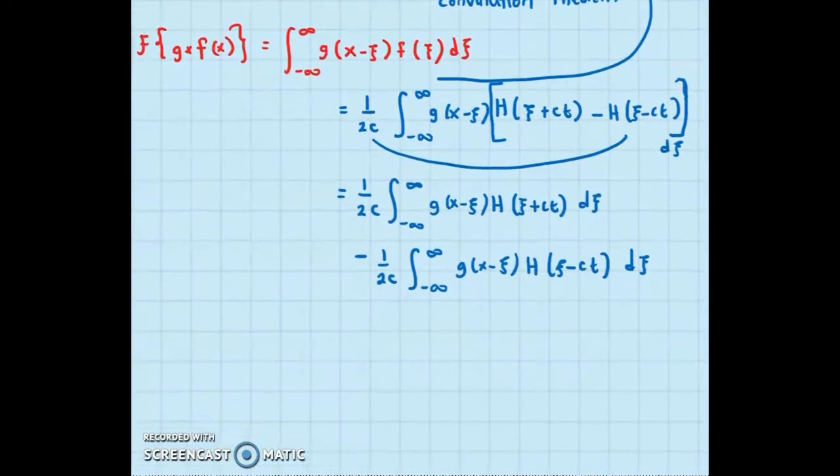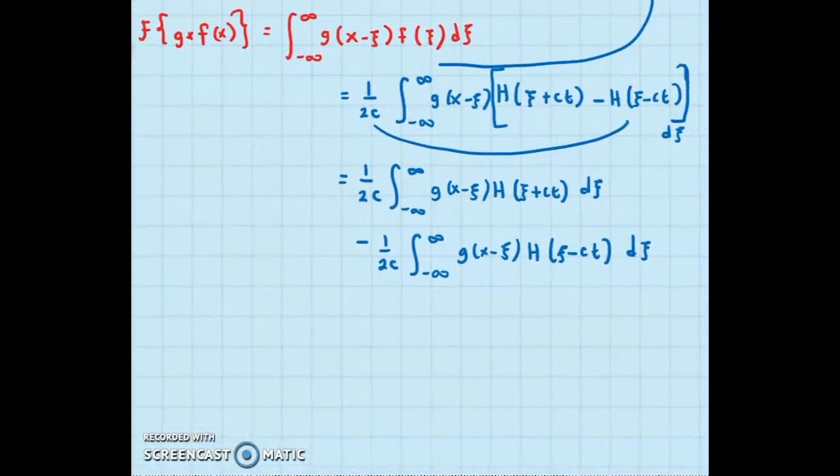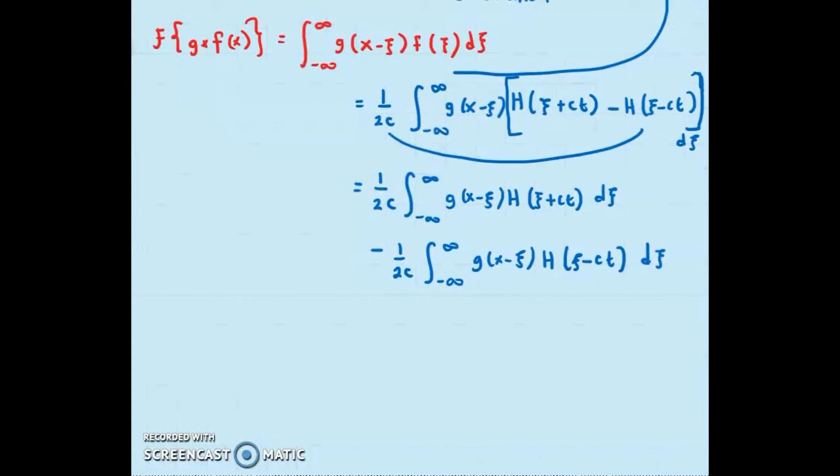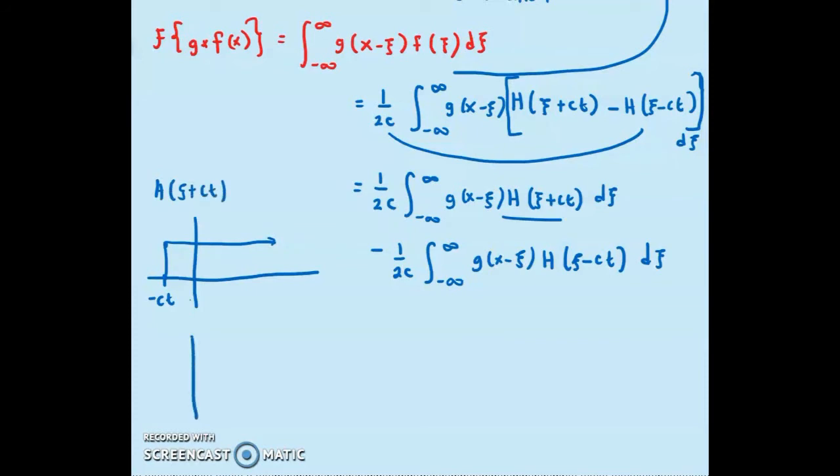Now the other thing we want to look at is this graph here. If I'm about to sketch this graph, I look at negative ct, and from here this is my h(psi plus ct), and the other will be here at ct, so this will be my h(psi minus ct).